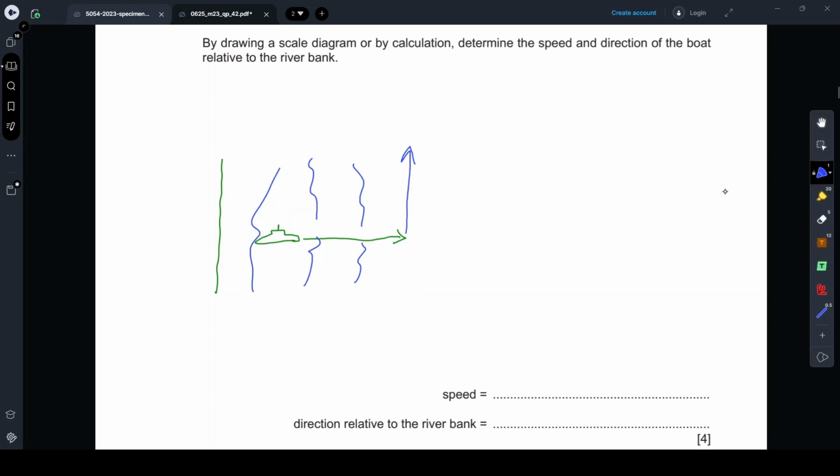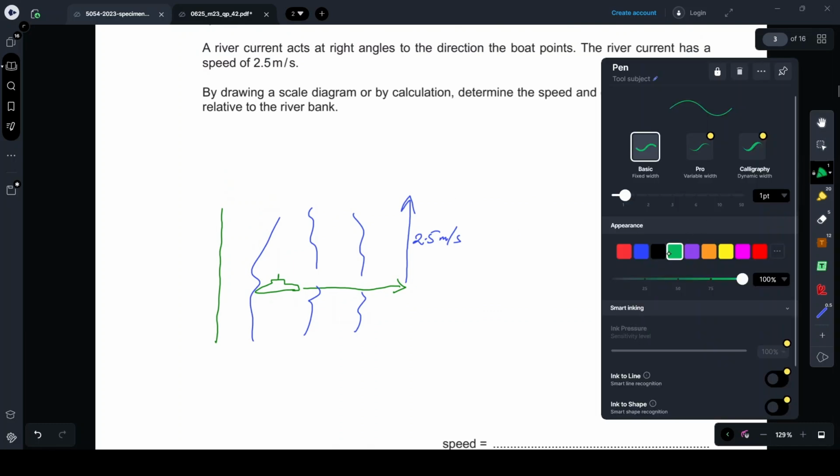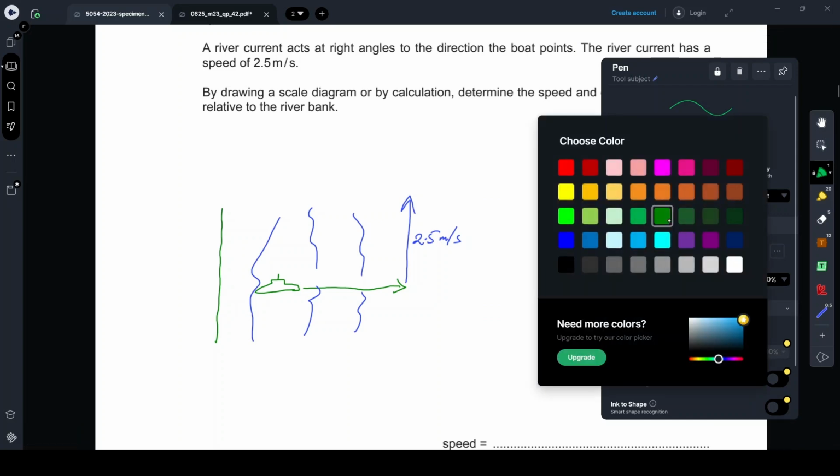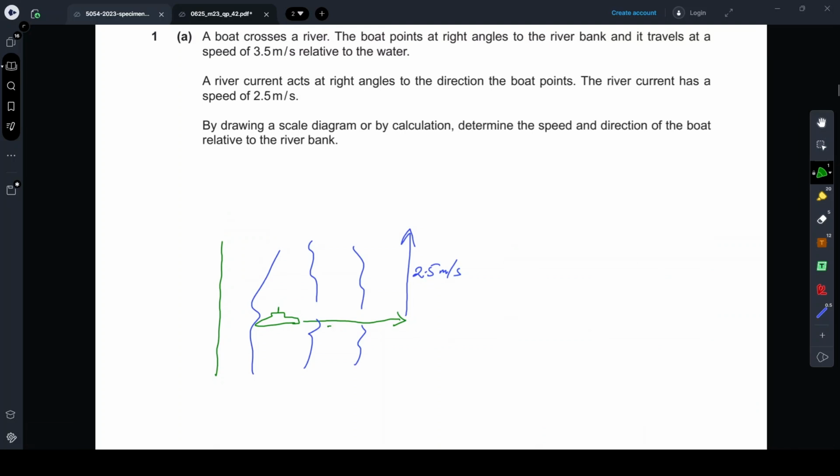So this is 2.5 meters per second, and this is 3.5, I believe. And so the resultant will obviously be this one.